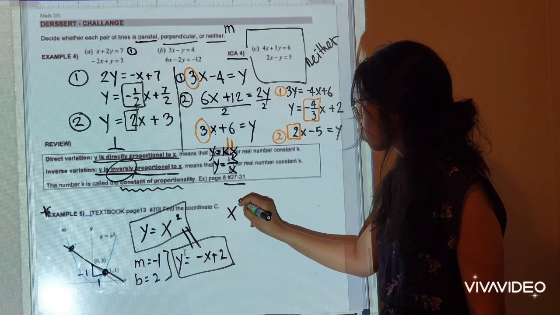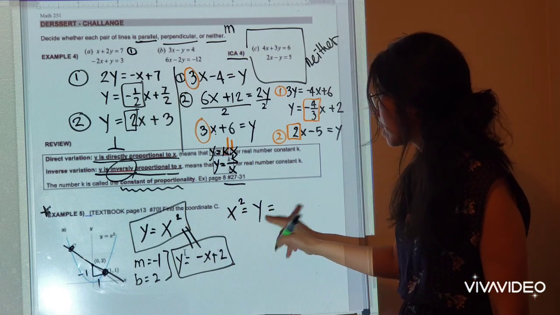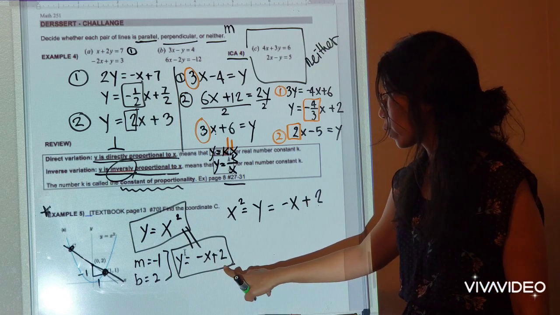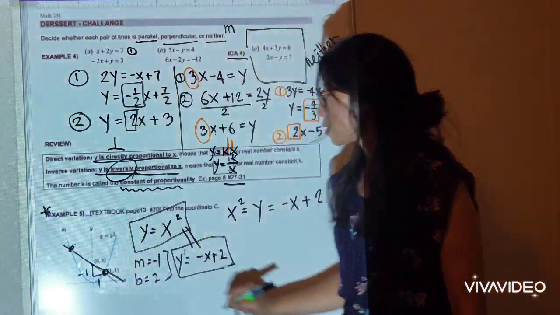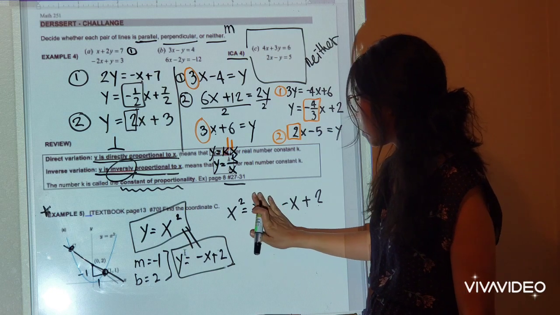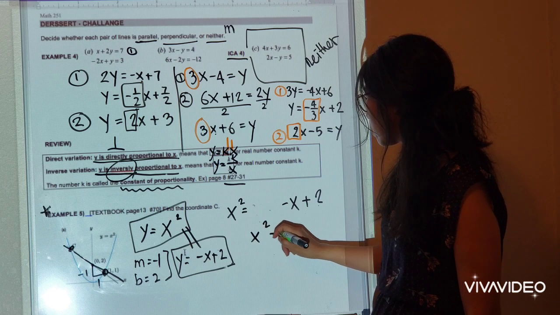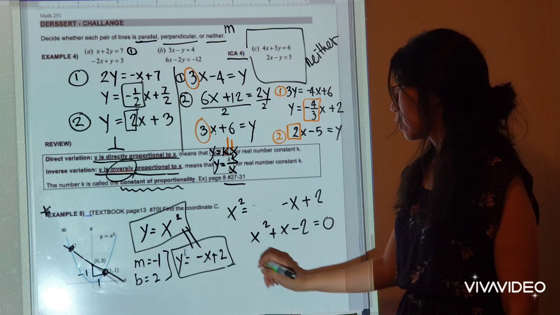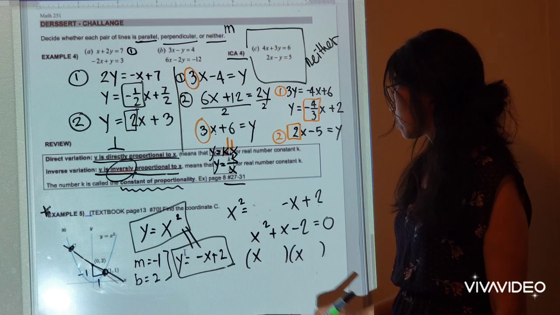Basically, I'm saying that x squared is the same as y, which is from this equation, and that is the same as negative x plus 2, which came from the second equation. And we see that those x, y coordinates have to be the same. So deleting this y part, all I need to solve is this equation. So let's see if it factors.